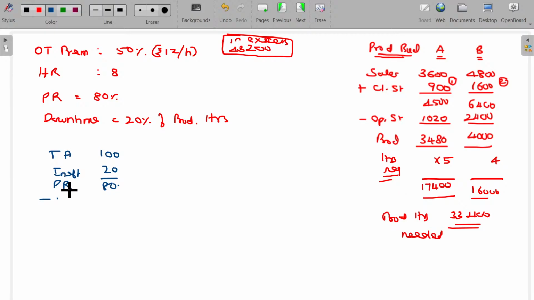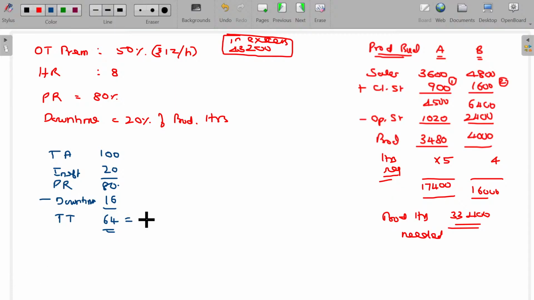From that productive hours, downtime, how much? 20%, and that 16 has gone. Only 64 will be the time taken. Originally, if you are allotting 100 hours, he can work only 64 hours worth of work.